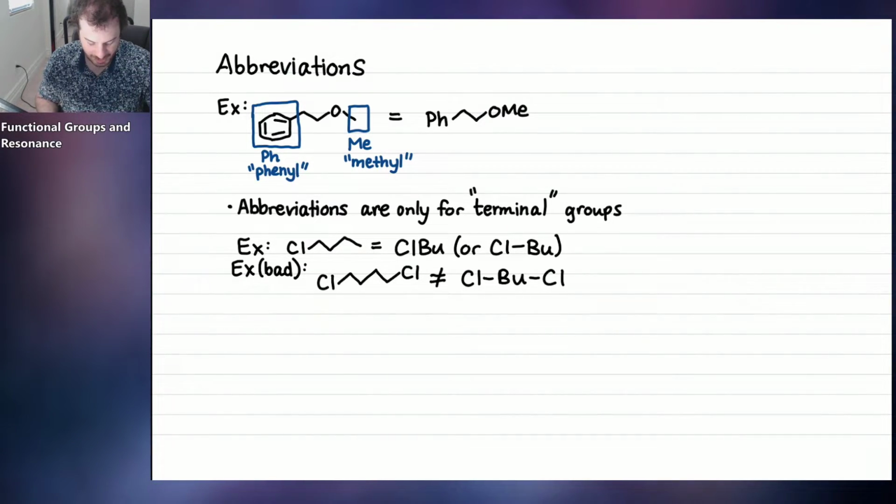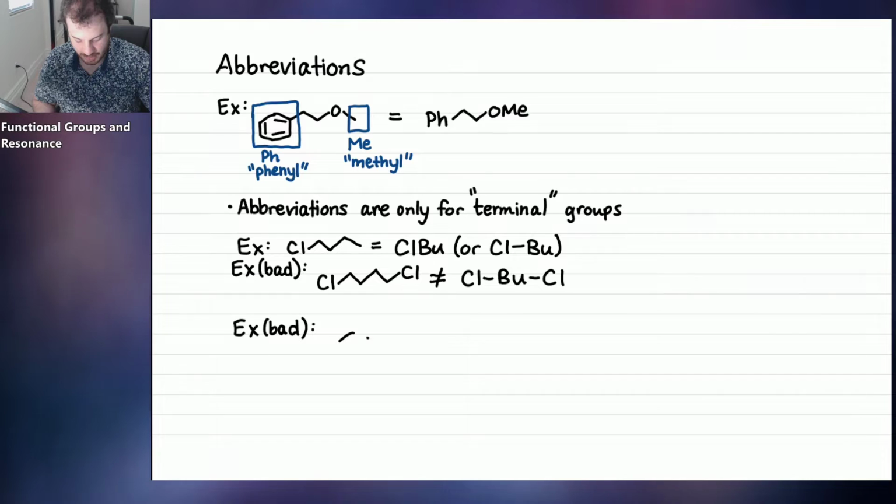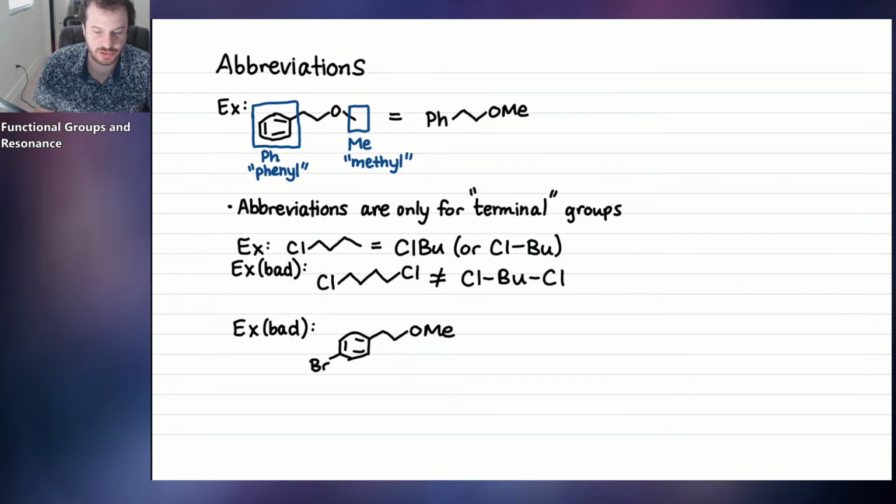Let's take a look at another bad example. How about, let's do one similar to the first molecule we looked at. Okay, so this is similar to the first molecule we looked at. There's only one difference, and that is that I added a bromine onto my phenyl group.